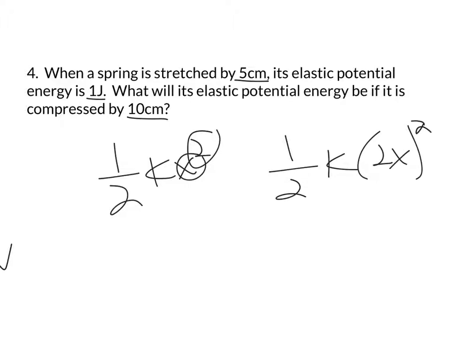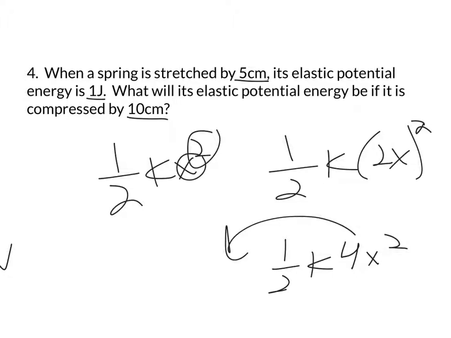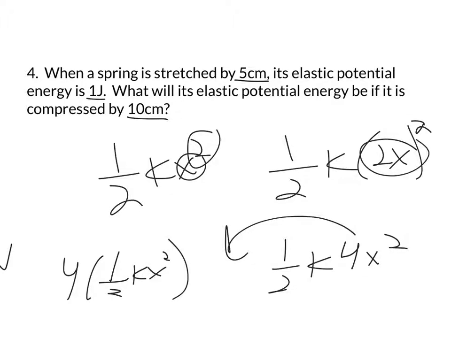And when I square 2x, I get 1/2 k 4x squared, which I can factor the 4 out. I'm going backwards here, but that's fine. 4 times 1/2 kx squared. So when I double my x, I get a factor of 4 back. So if I started with 1 joule, now I should have a total of 4 joules.